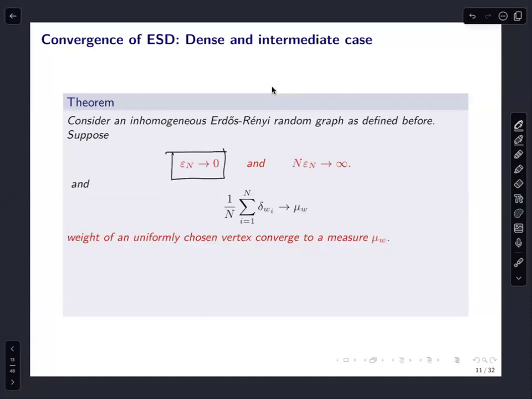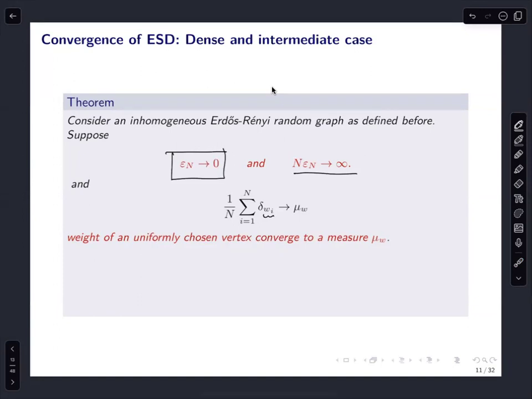So what is the main assumption, apart from the setup I initially described? I'm in the case when the average degree grows to infinity. If I look at the empirical distribution of the weights, putting mass 1 by n at each of them, then it should converge to mu_W.